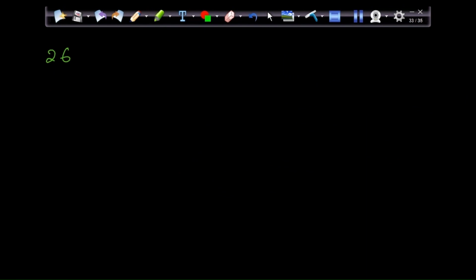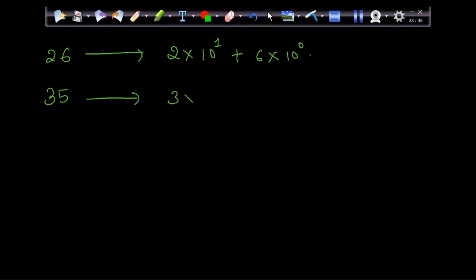26 is actually, if you go by the positional number system, if you expand this 26, because it's a positional number system, weighted system, 26 is nothing but 2 into 10 to the power 1 plus 6 into 10 to the power 0. Right? And 35 is nothing but 3 into 10 to the power 1 plus 5 into 10 to the power 0.